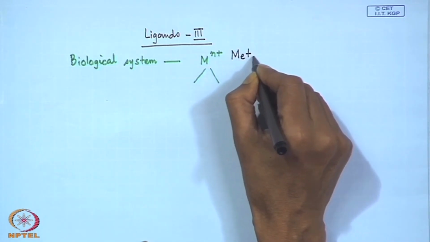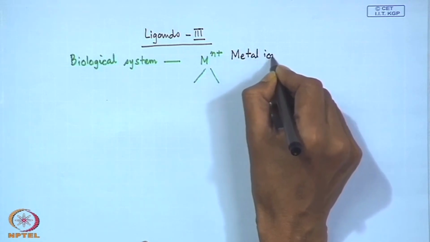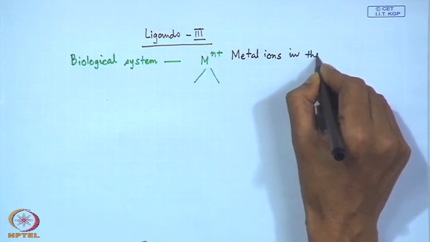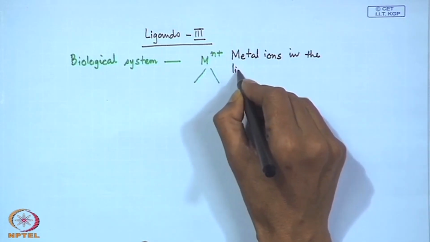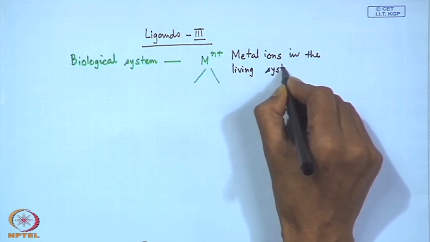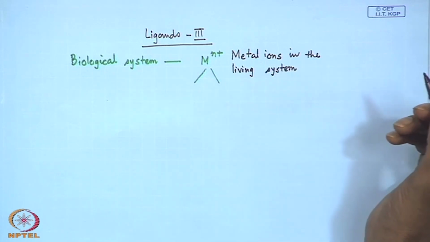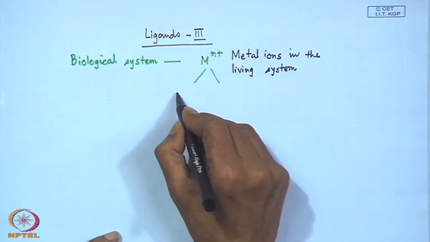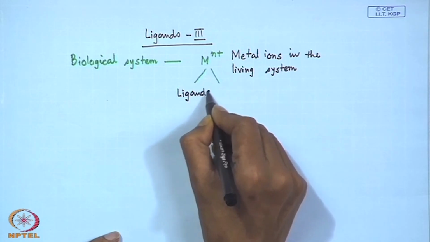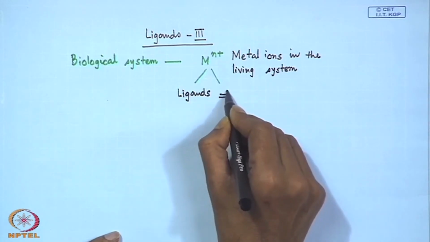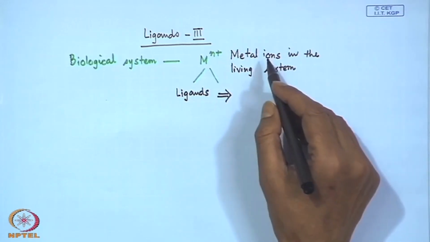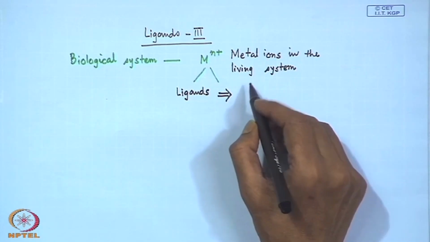So, if we can have metal ions in the living system, then obviously we can have the corresponding ligands. So, what are those ligands that typically bind the metal ions which are available in the biological system?